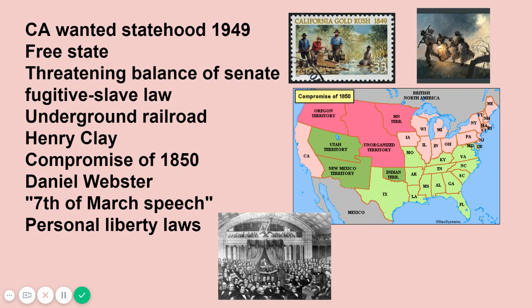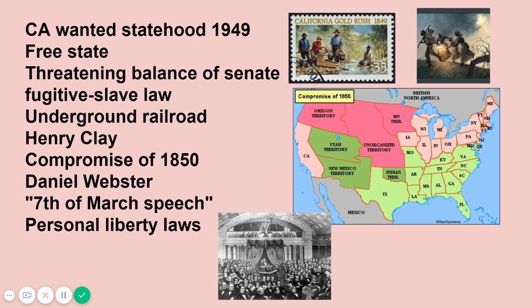So as California became quickly populated, California wished to join the Union, wished to join America as an official state, but as a free state, not a slave state. They never had any need or culture to practice slavery.